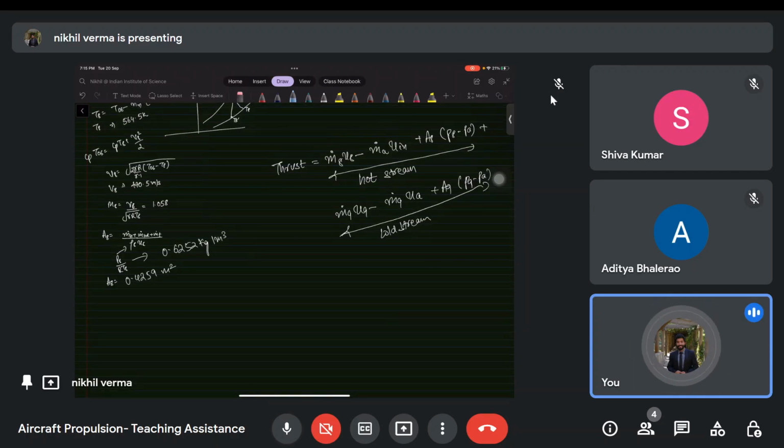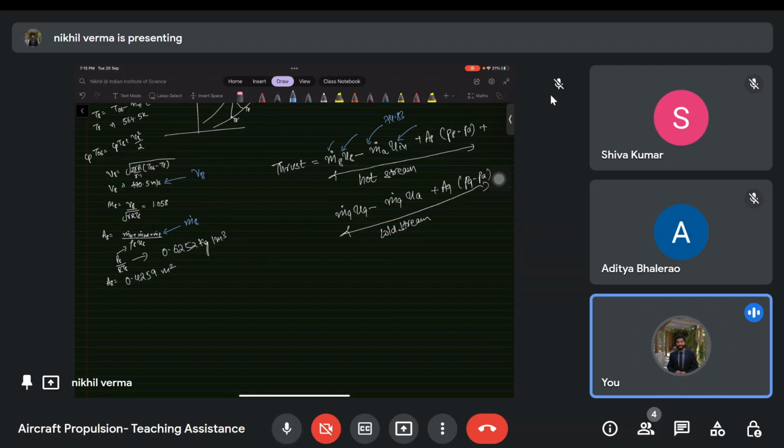Till now, what we have done is we have calculated what is m dot 8. m dot 8 will be just this part of the equation. U8 we have calculated, this is 470 meter per second. This is V8. M dot a is given as 74.83. U inlet we have calculated based on the Mach number of the flight.